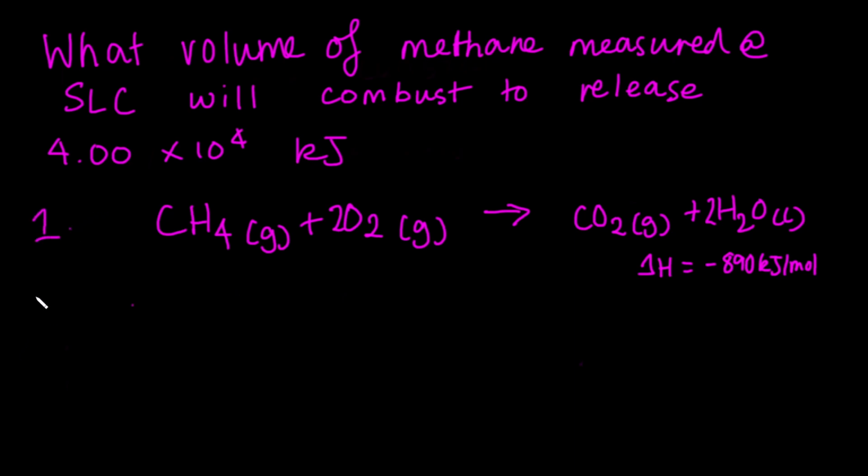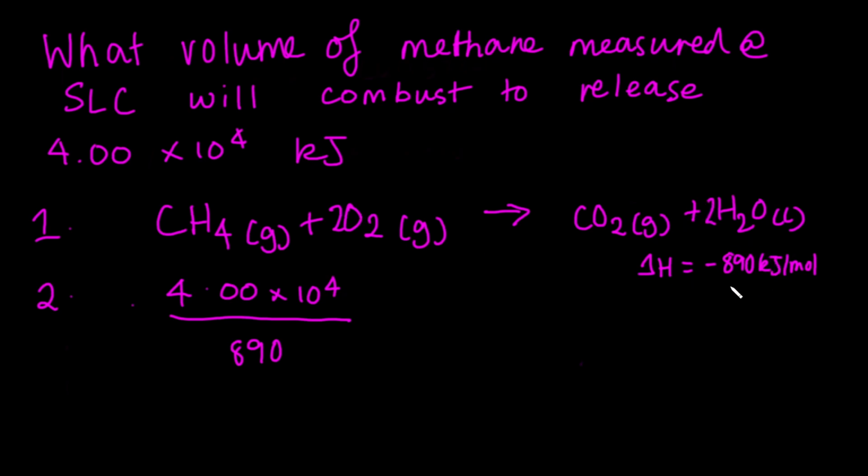The second step is utilizing this kilojoule number and this kilojoule number to figure out how many moles we have of methane. So I'm just going to go 4.0 times 10 to the 4 divided by 890. This is another reason why you don't necessarily need this equation.